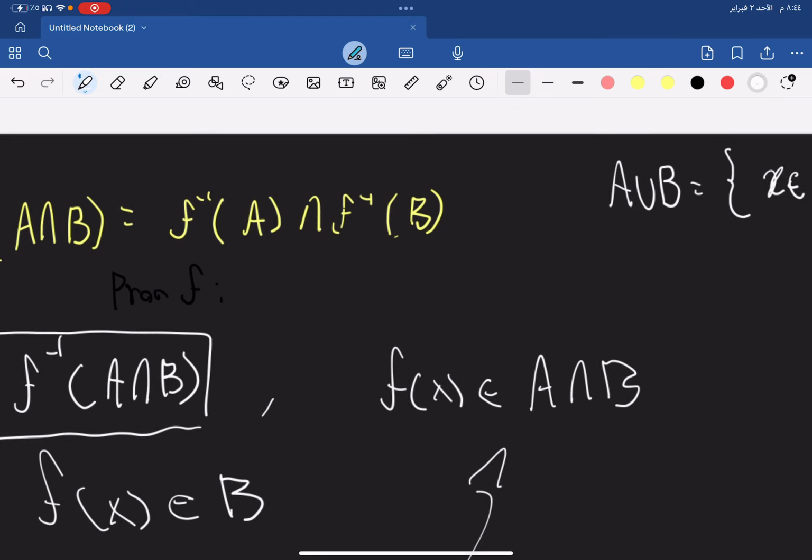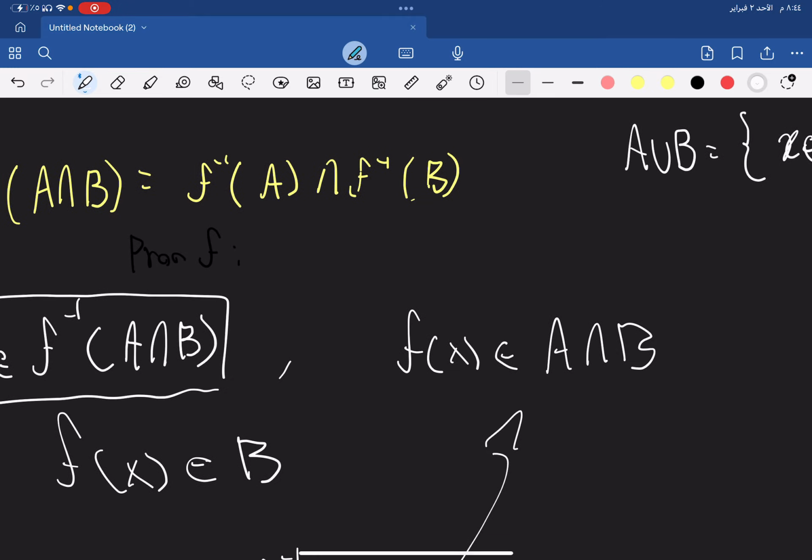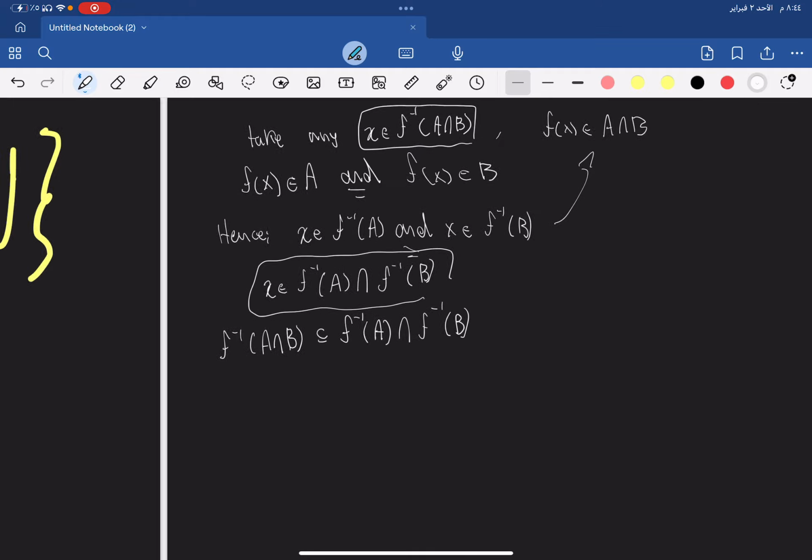Let's now take any arbitrary x on the right hand side.